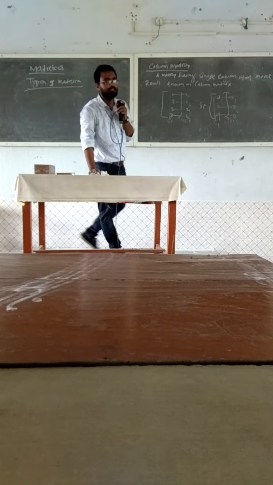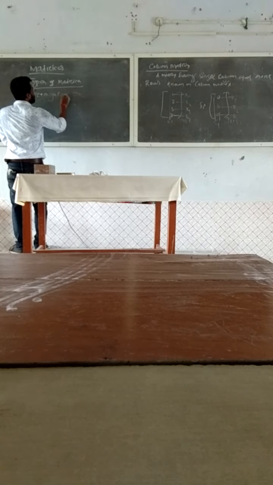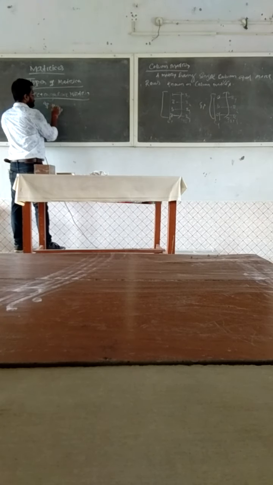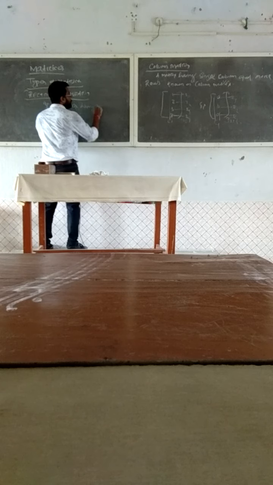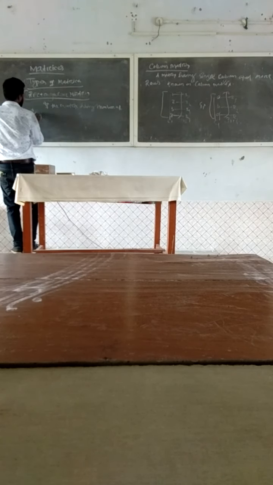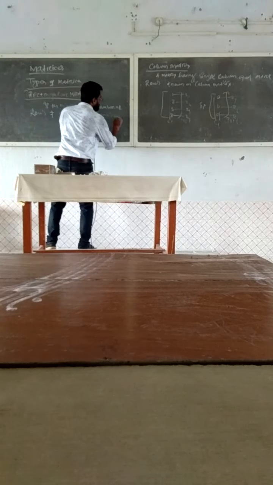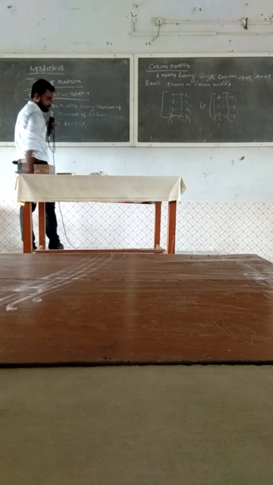If the matrix has the number of rows not equal to the number of columns, it is known as a rectangular matrix.